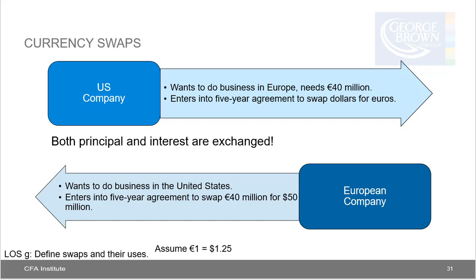The two companies then exchange monthly, quarterly, or annual interest payments. That's the very important key point, that with regards to a currency swap, the two companies exchange monthly, quarterly, or annual interest payments. Finally, at the end of the 5-year swap, the parties re-exchange the original principal amounts and the contract ends.